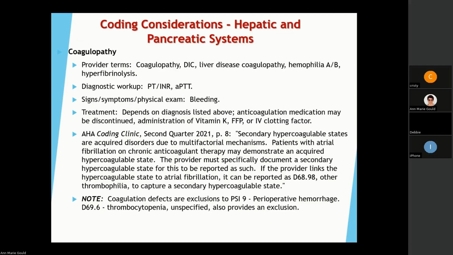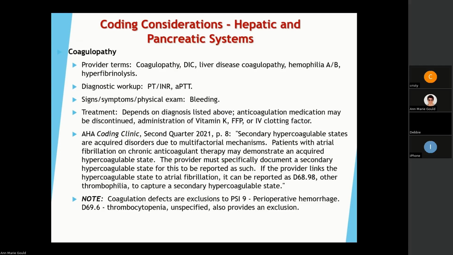There's also another one, hemorrhagic disorder due to external anticoagulation medication or treatment. That's another big piece of the pie too. So you always want to make sure you clarify what exactly the coagulopathy is.